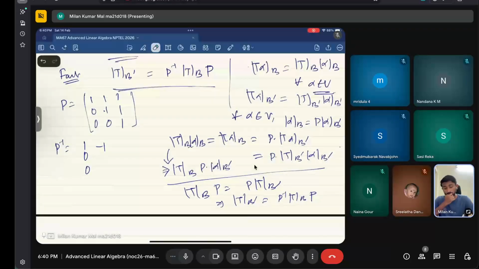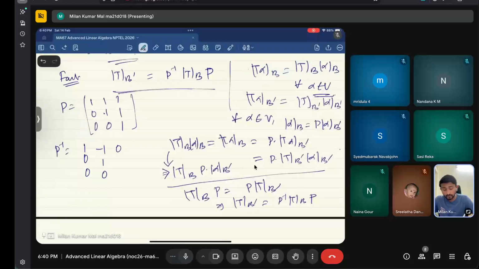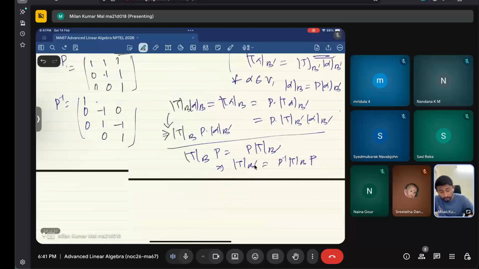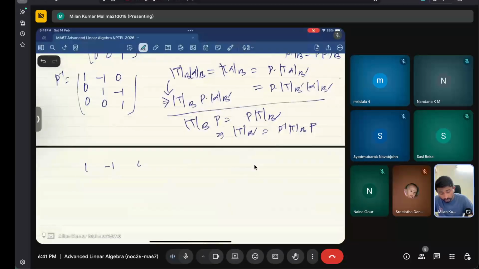So this will be minus 1, 1, 1, 0, and then 0 corresponding to 0, minus 1, so this will be 1. So this is P inverse: 1 minus 1 0, 0 1 minus 1, 0 0 1.